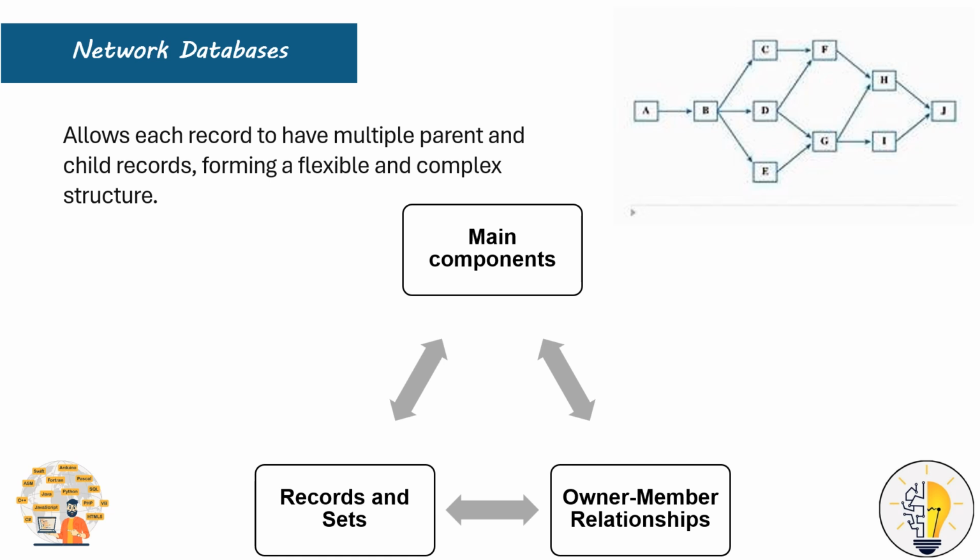The owner is the parent entity, which can be connected to multiple members, which can be children. A member record can also belong to multiple owner records. So one particular member, say B, can have n number of parent entities, and in the same way the parent can have n number of child entities.